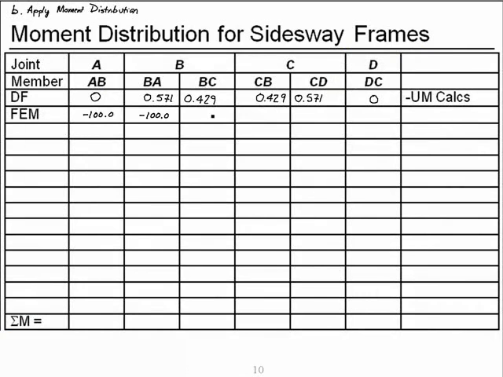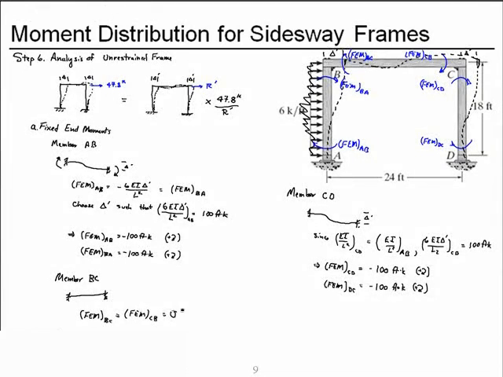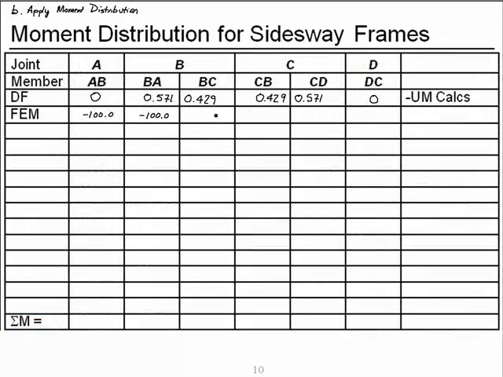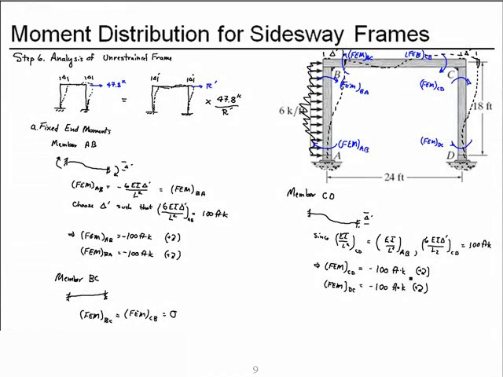At BC, we found the fixed end moment to be 0, as well as at the other end of the member. In CD, we found negative 100 foot kips, and at the other end of the member at node D, also negative 100 foot kips.